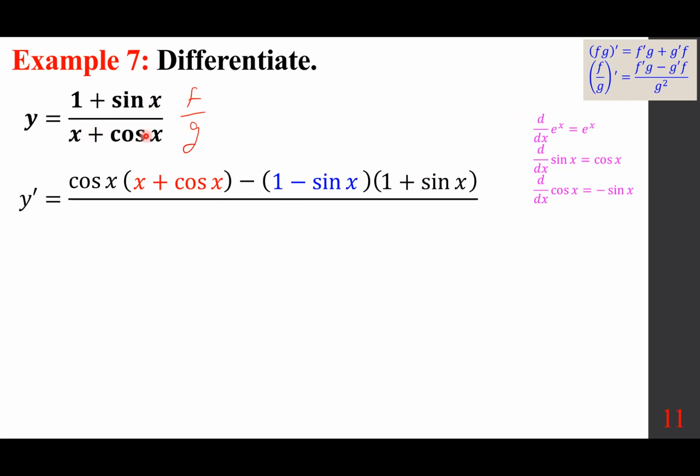And then I write whatever I have here in a parenthesis and square it. Whenever you see g squared, just put the same thing and square it. You don't have to square that. Just write it in this fashion, because sometimes they simplify.